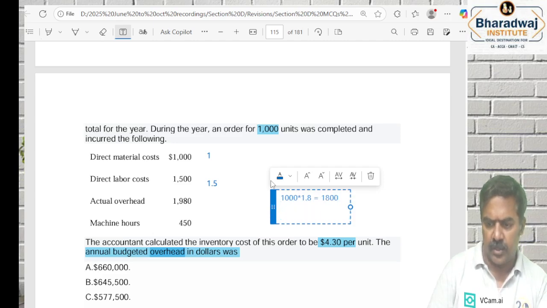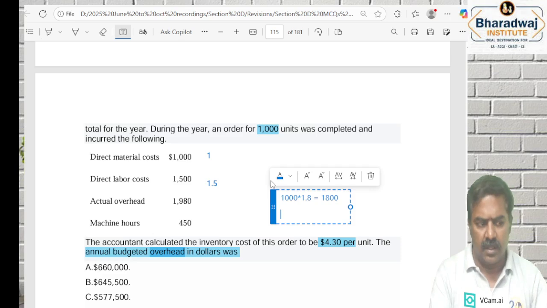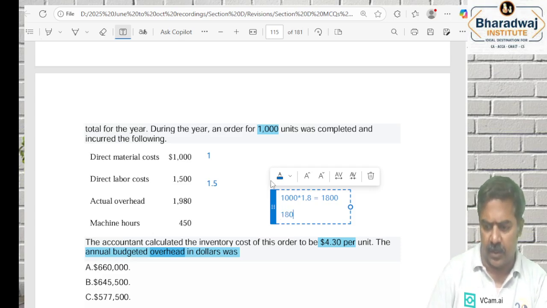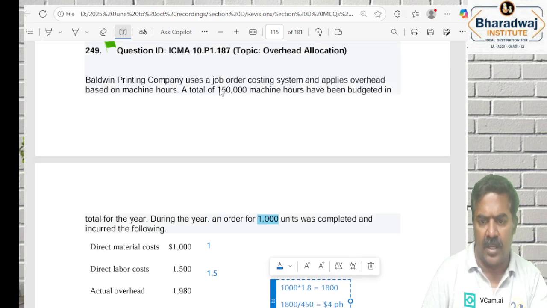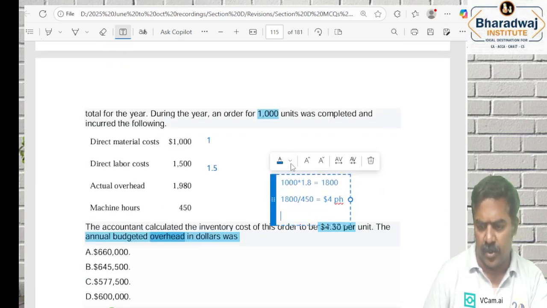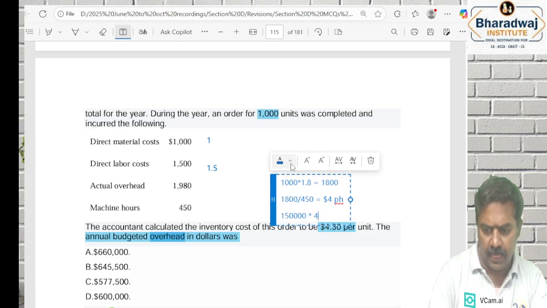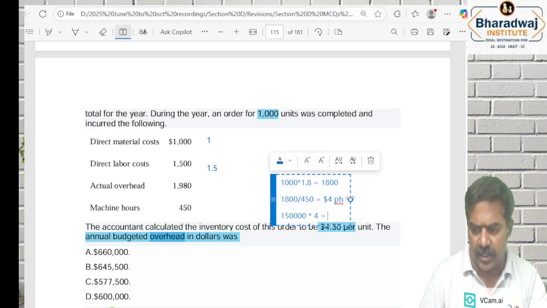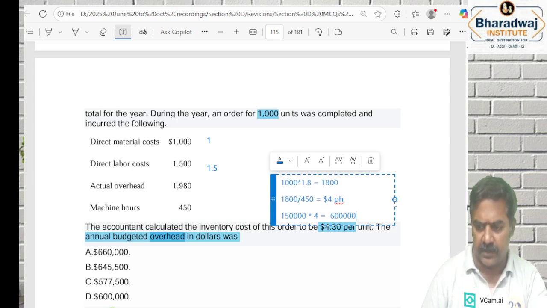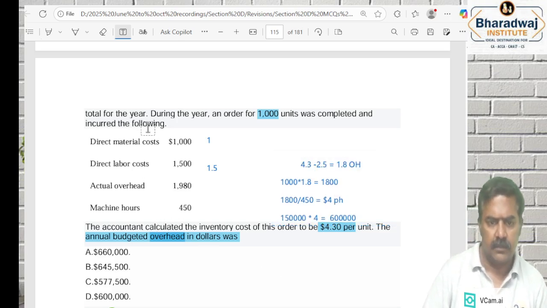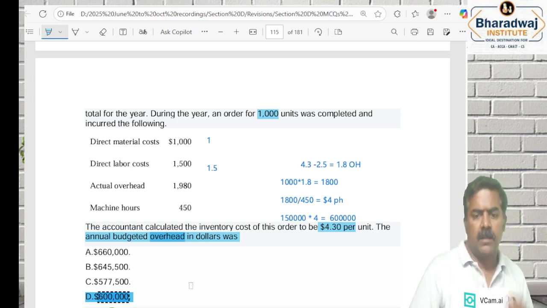The 1,800 is for how many hours? 450 hours. 1,800 divided by 450, you will get the rate per hour. How much per hour? $4 per hour. For the factory, 150,000 machine hours were planned, so it will be 150,000 into 4. This would have been the planned overheads for the entire factory: 6 lakhs.